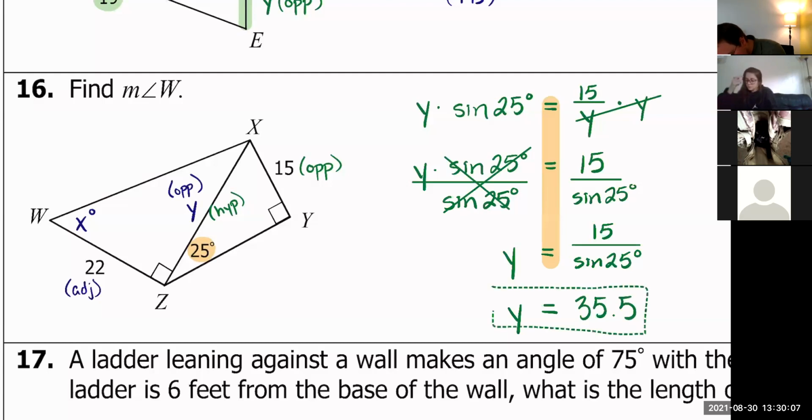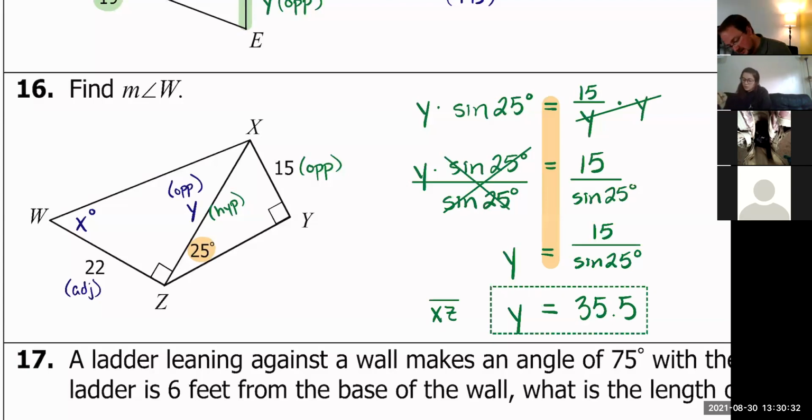That is just a means to get us to where we're going. So if you needed some labels or context, that would be side XZ. But that's not what I'm looking for. I'm trying to find the measure of angle W, which I have denoted with the variable X degrees.